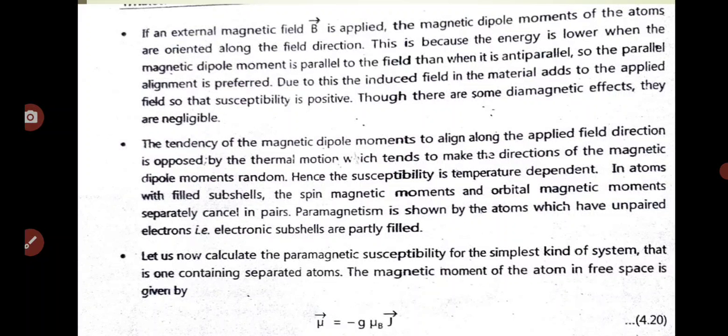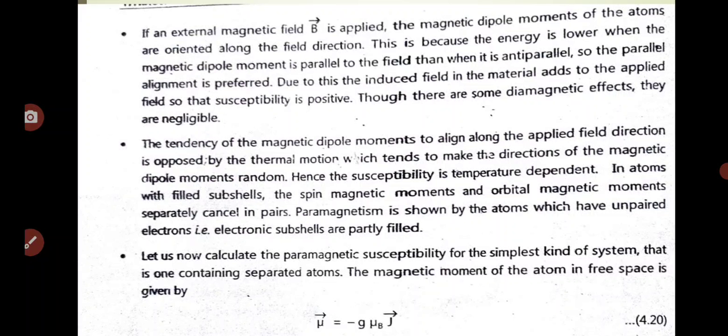This is the main point: in diamagnetic material the susceptibility is negative, and in paramagnetic material the susceptibility is positive. The tendency of the magnetic dipole moments to align along the applied field direction is opposed by the thermal motion, which tends to make the direction of the magnetic dipole moments random.